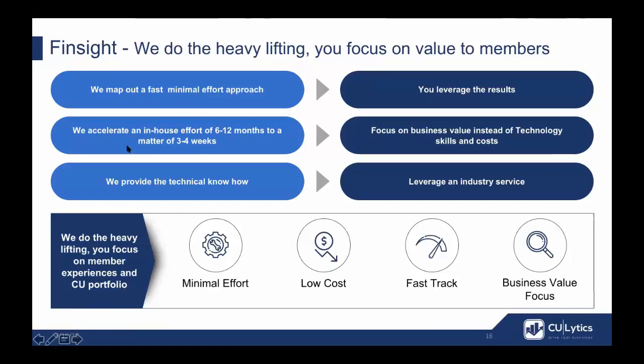We can help you accelerate your in-house effort, which may be typically 6 to 12 months, to a matter of weeks. And it allows you to focus on the business value instead of the technology skills and costs. And then we provide the technical know-how so that you are able to leverage this service with minimal effort, low cost, and at a very, very fast pace.